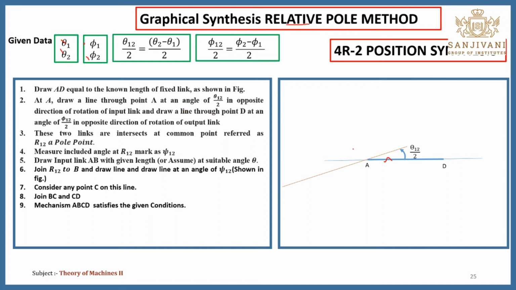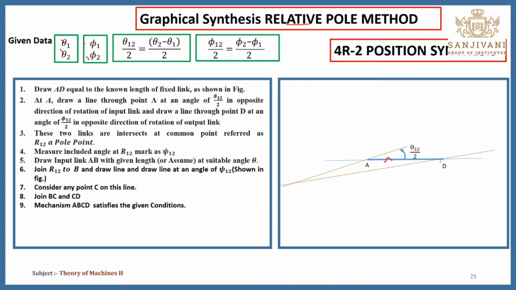If you assume that the input link rotates in the anti-clockwise direction, you have to take this angle in the clockwise direction, just like this. But here we are assuming the input link rotates in the clockwise direction. That's why we have to take this theta 1,2 by 2 angle in the anti-clockwise direction.